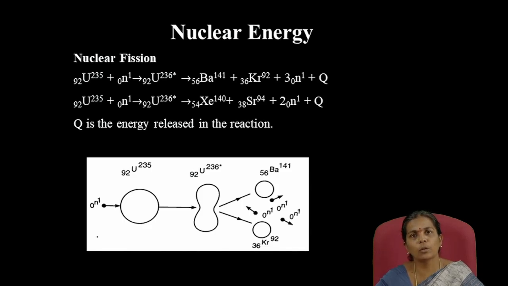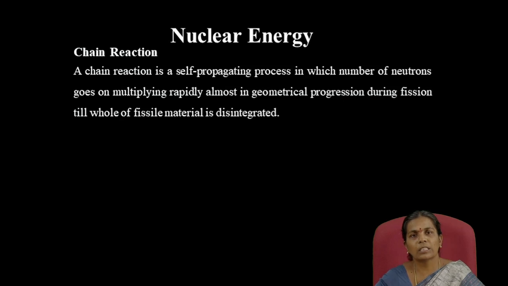Here uranium-235 nucleus is bombarded by one neutron, then it becomes an unstable nucleus, then it breaks up into two components, barium and krypton. In addition to the two components, 3 neutrons are also released and a large amount of energy is also released. So, chain reaction.